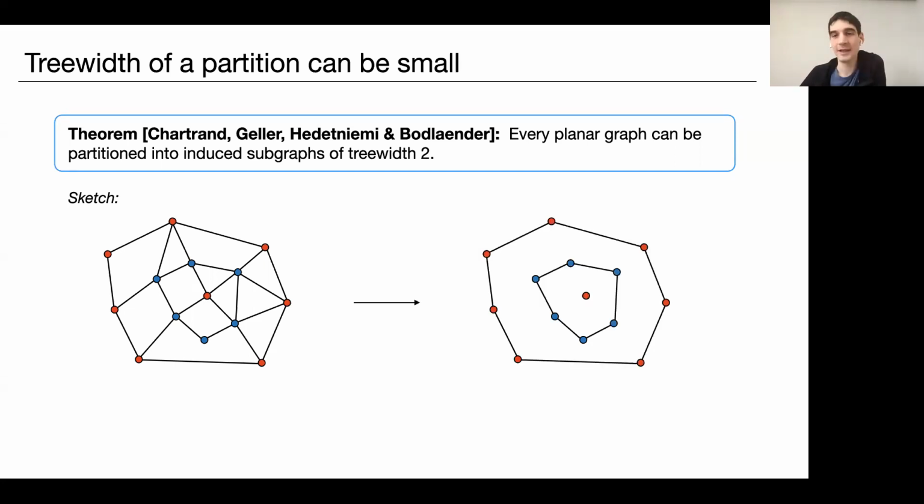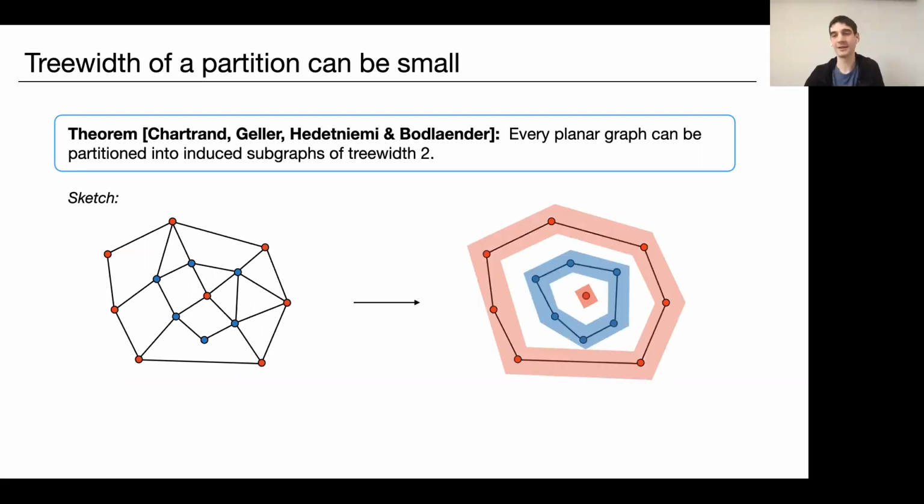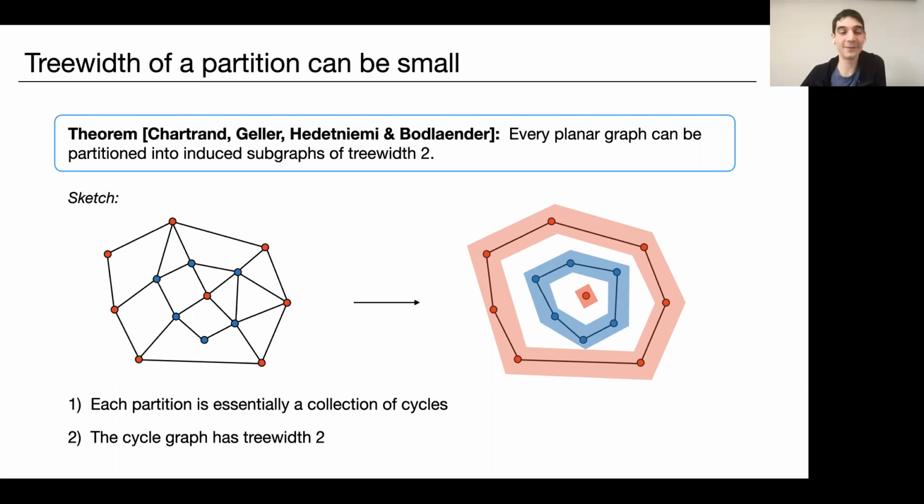And what you see is that the partitions that you get are roughly like these concentric circles where one layer of the partition is separating the other layer from itself. And so what you get is that every partition is essentially a collection of cycles. And it's not too hard to convince yourself that the cycle graph has tree width 2, right?